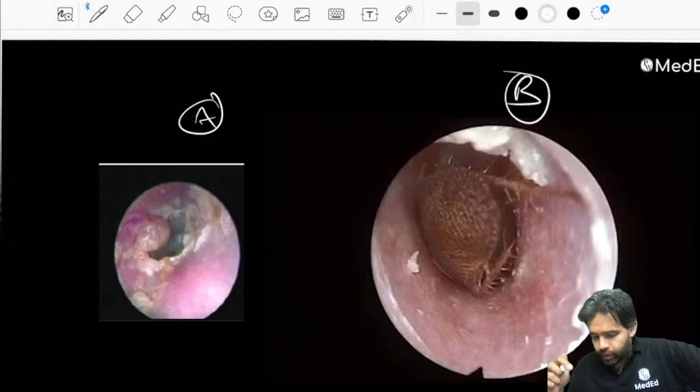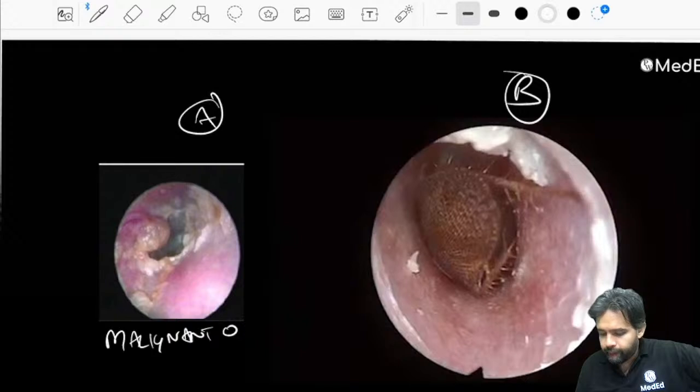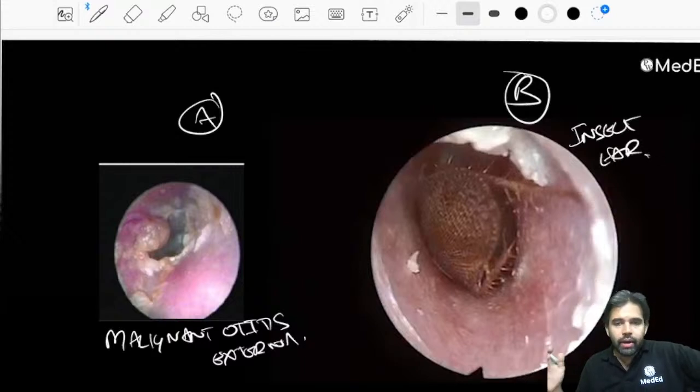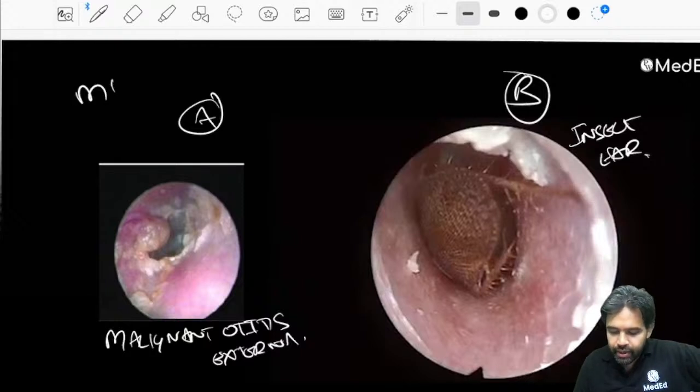All right, A is commonly asked. This is malignant otitis externa. Okay, and B is a bug in the ear. Yeah, so this is an insect in the ear. All right, so both of these are asked quite a bit, especially malignant otitis externa is very important.